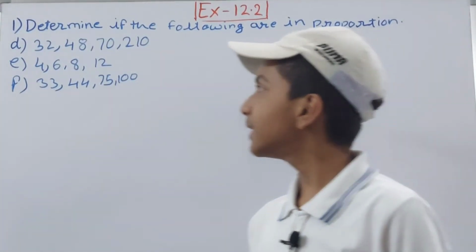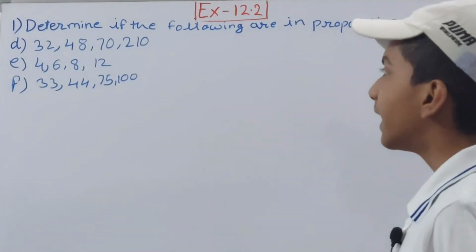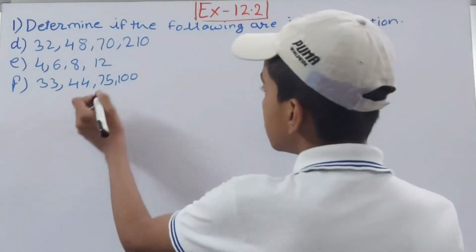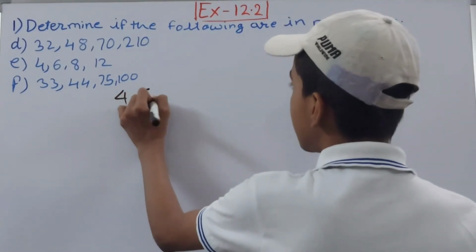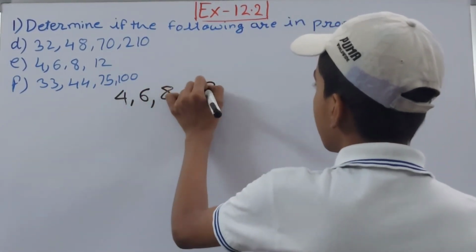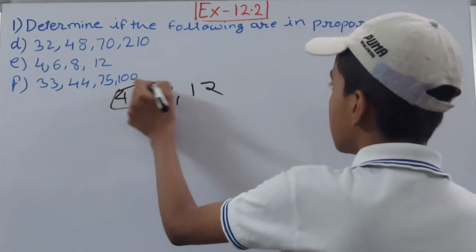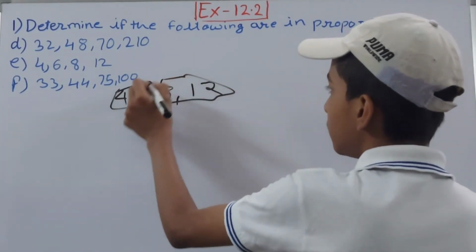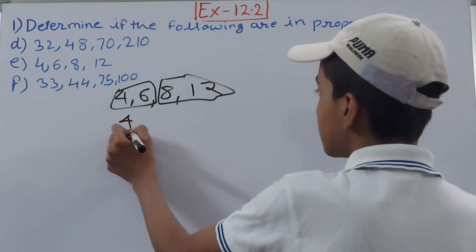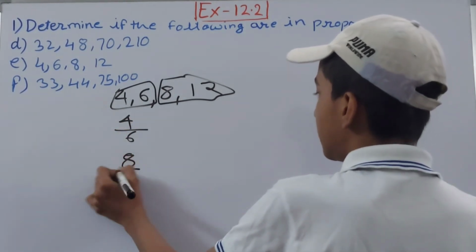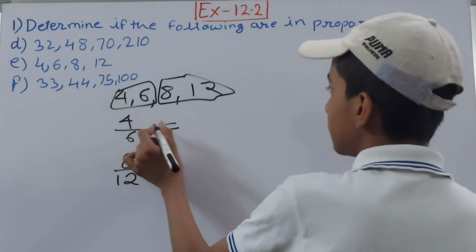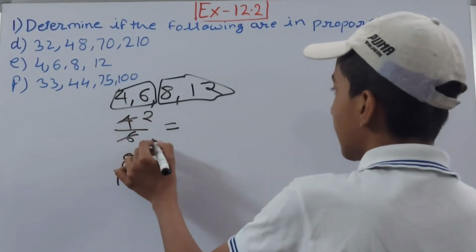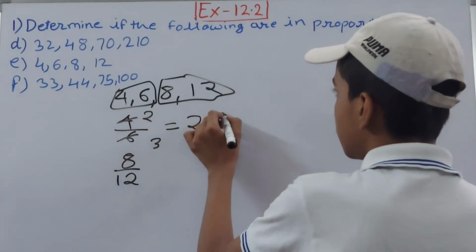Next part is 4, 6, 8 and 12. So let us do this also. Again make the ratios. So 4 upon 6 is first and 8 upon 12 is second. Now simplify this by 2 and 3, so 2 is to 3.